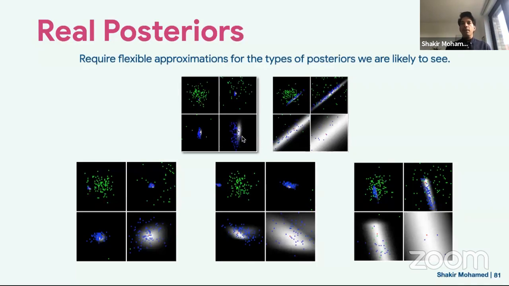Some of them, like this gray one, look very Gaussian, and you could very well model this with a Gaussian posterior distribution if you were to approximate it. Some of them look like this. They have very heavy tails. A Gaussian could do it, but typically Gaussians don't have such heavy tails, so there'll be some problem here. This one has a bit of a blobbiness. Maybe you could do it with a Gaussian or some other forms of distributions.